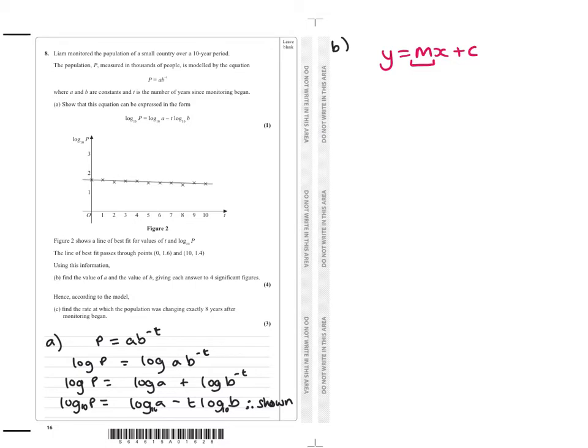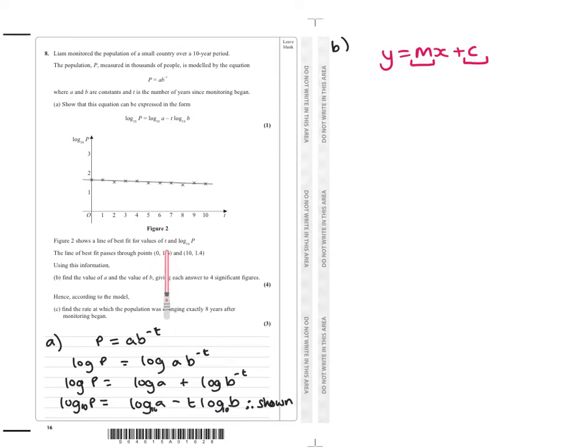And then you know that your log to the base 10 of A is going to be your c, our y-intercept. So realistically, we know it should be between 1 and 2, a bit more than 1.5, shouldn't we? Oh, it tells us it's 1.6. But again, what I'm saying is when we're having a look at Pure 3, we need to use common sense. Really think about what's going on.